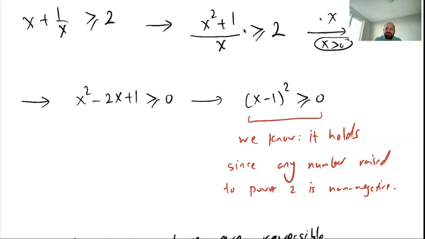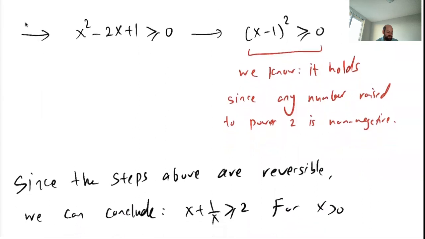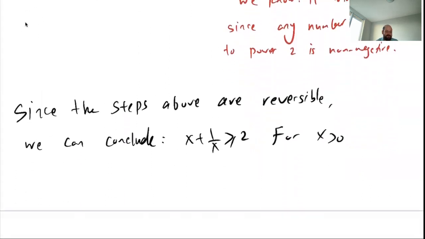And then from this step to this step, again, it's obvious because x squared plus 1 over x is the same as x plus 1 over x. So every step is reversible. Right? So that means the inequality we want to show is true. So let's look at one more example for this topic.